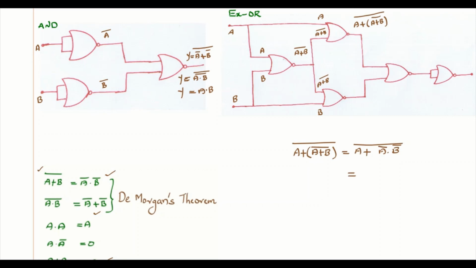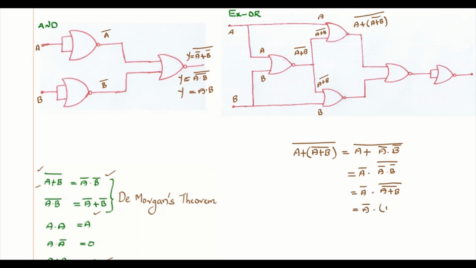This is equal to A complement dot A complement dot B complement the whole complement, because A plus B whole complement equal to A complement dot B complement according to De Morgan's theorem.